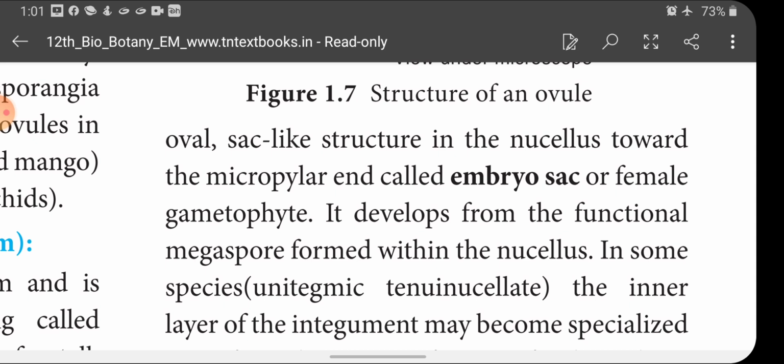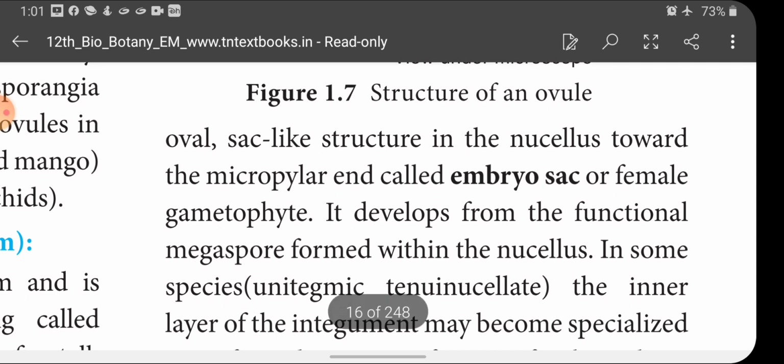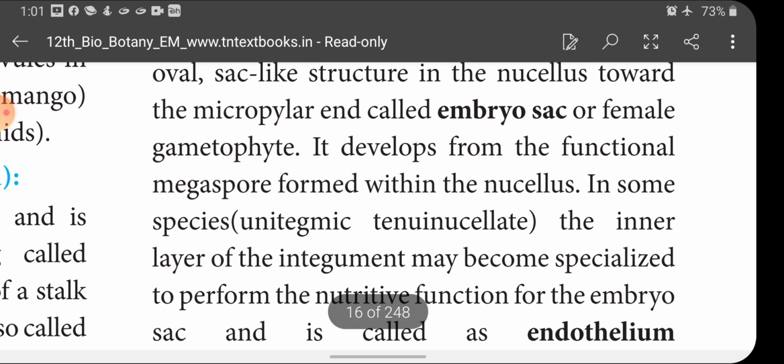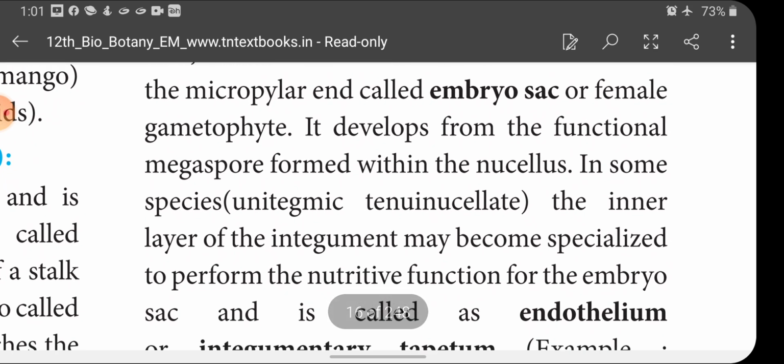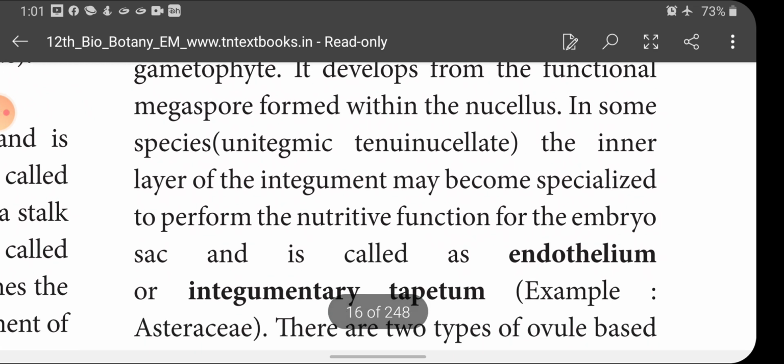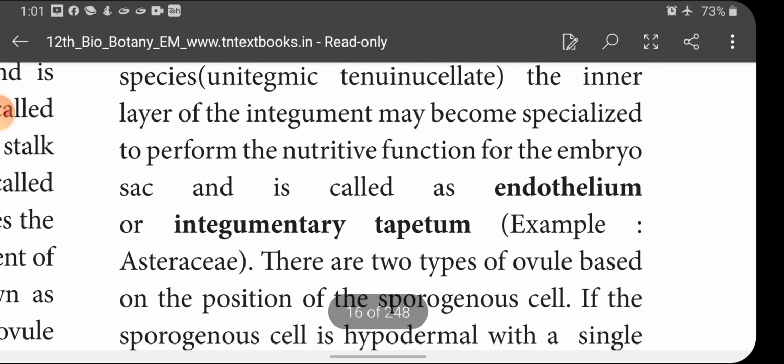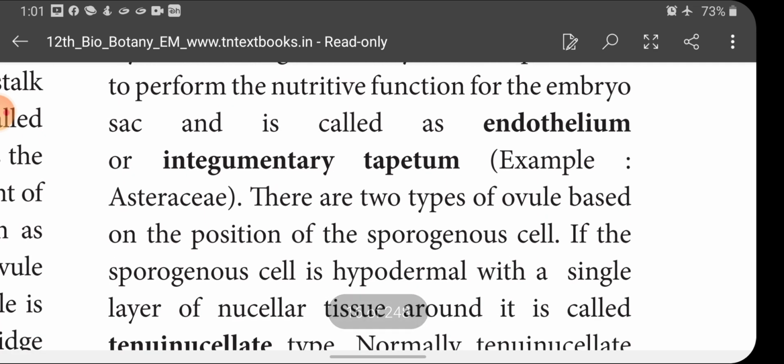In some species, unitegmic tenuinucellate, the inner layer of the integument may become specialized to perform the nutritive function for the embryo sac, and it is called endothelium or integumentary tapetum. Example, Asteraceae. There are two types of ovule based on the position of the sporogenous cell.